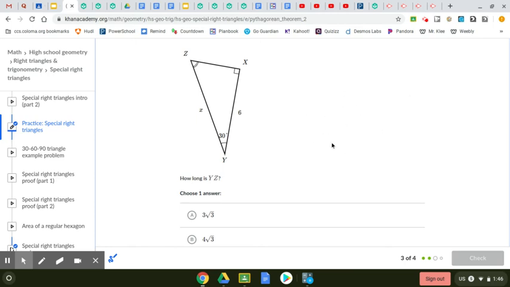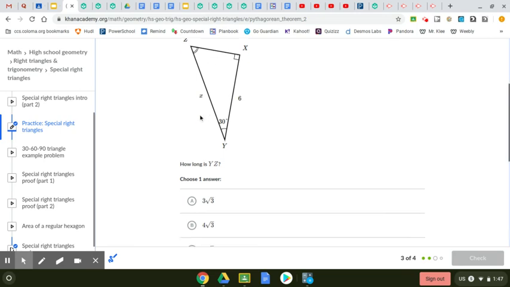In the bottom, root 3 times root 3 ends up being just 3. So you get 6 divided by 3, which is 2. So this small leg is 2 root 3. And then 2 root 3 times 2 is going to give me 4 root 3.